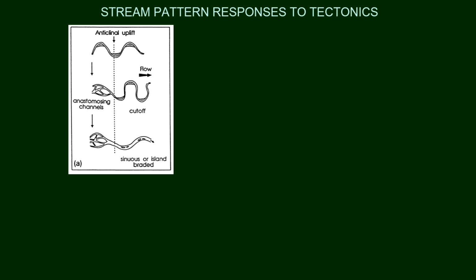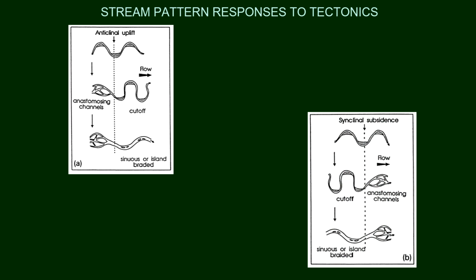Again, this is what has been shown, how the channels will react to the uplift and the subsidence area. Depending on what type of pattern you have, for example, you are having an uplift here.